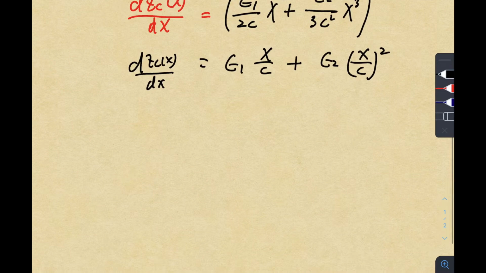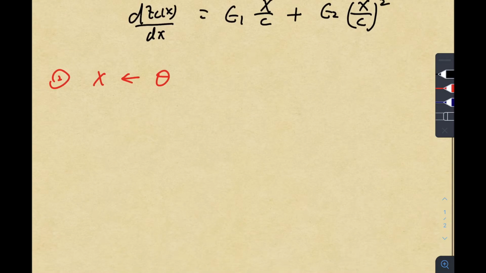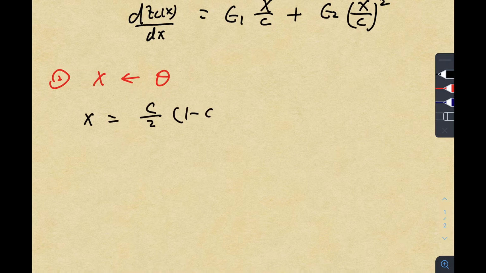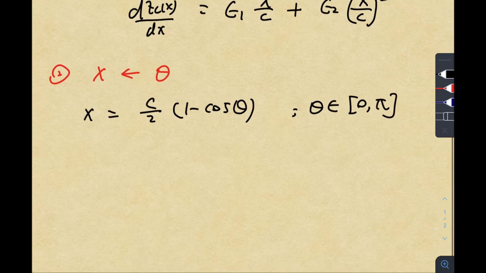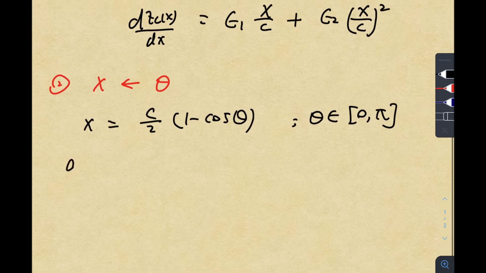Now let's replace the x with theta. That's the second step. The relation, of course, is x equals c over 2 times 1 minus cosine theta. Theta is, of course, from 0 to pi, and x from 0 to c.